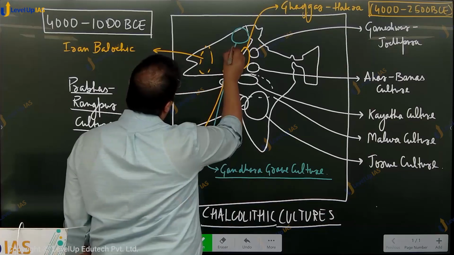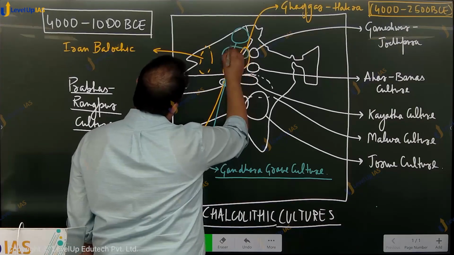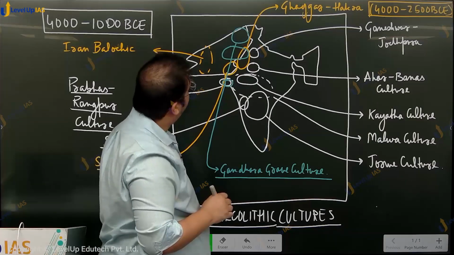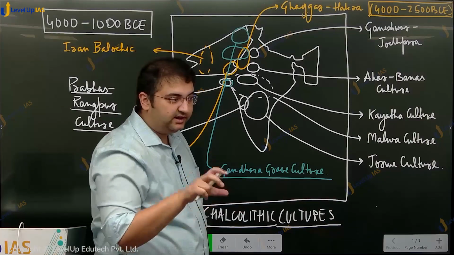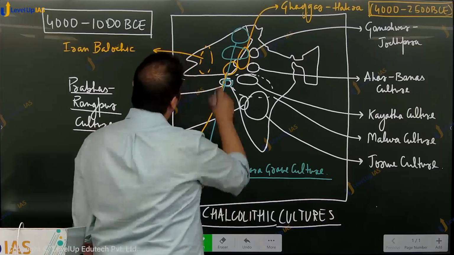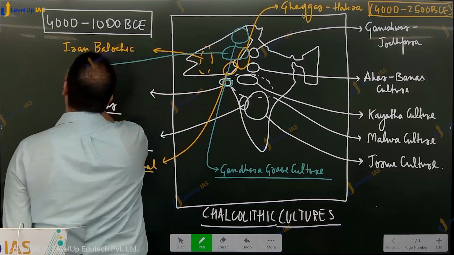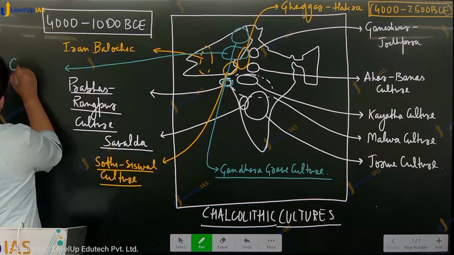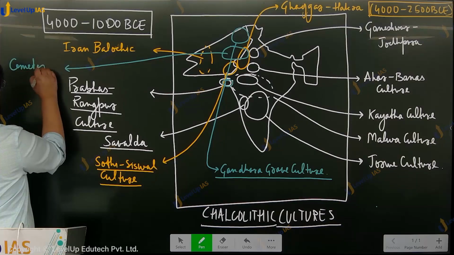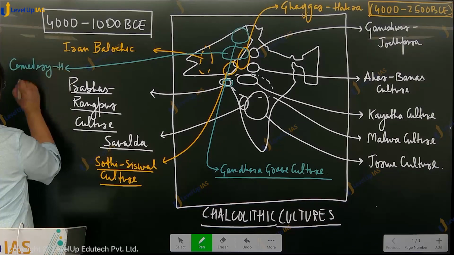Further, in the region of both western and eastern Punjab, centered around the type site of Harappa, we have the cemetery H culture.